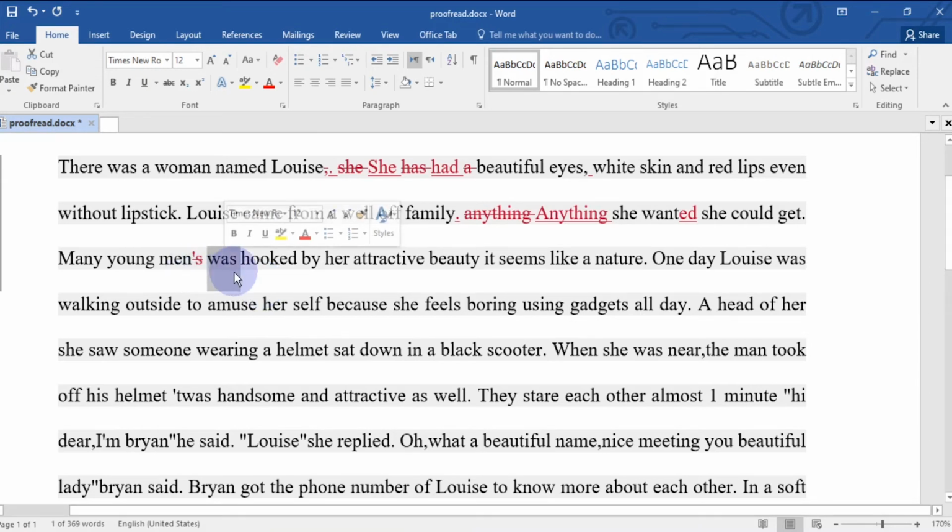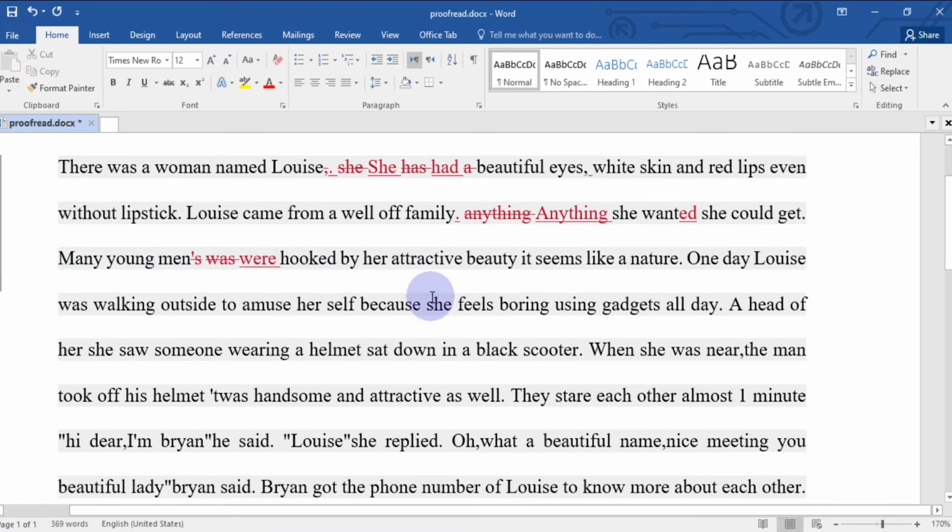The subject here is men, which is plural. So we have to use were, not was. We omit this was and put instead were. Okay, that looks very good right now. Many young men were hooked by her attractive beauty.